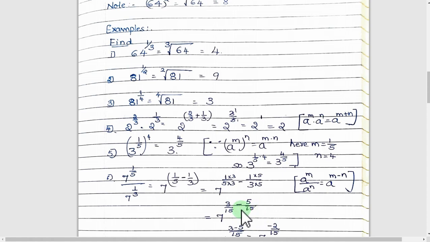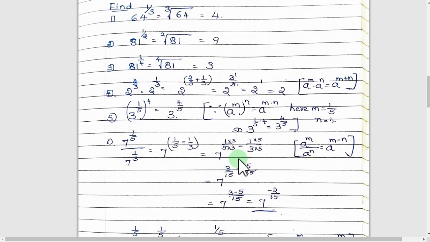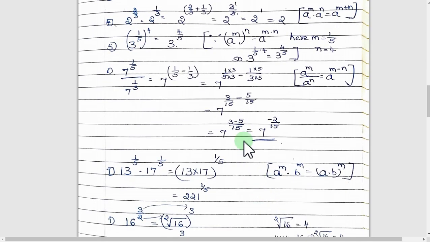Now the denominators are equalized, so we subtract the numerators: 3 minus 5 by 15. 3 minus 5 is 2, but the bigger number is 5 and the sign is minus, so minus 2 by 15. This is the answer.